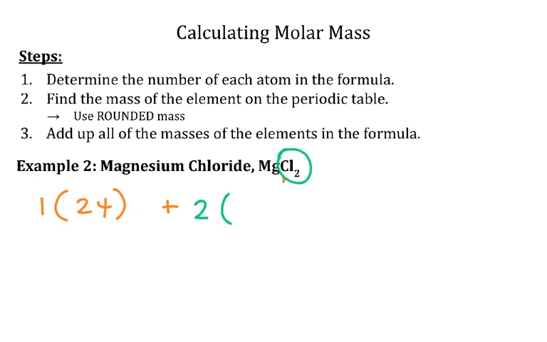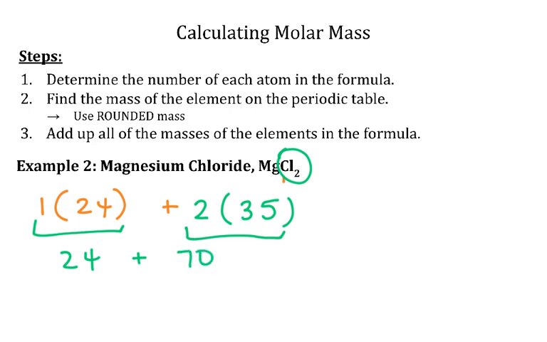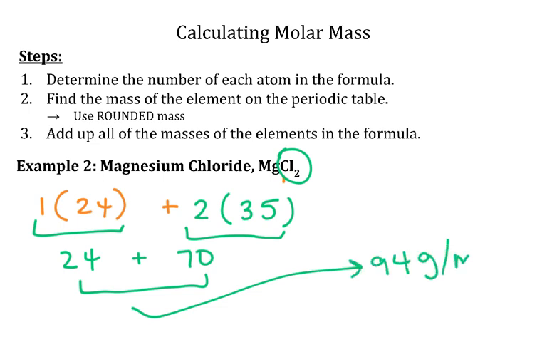Chlorine is 35.45 on my periodic table, so that's going to round to 35. 1 times 24 is 24, plus 2 times 35, 70. So we're going to add those together. We get a total of 94 grams per mole is the molar mass of magnesium chloride.